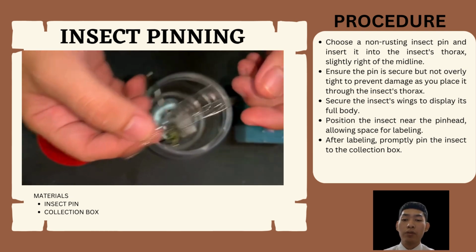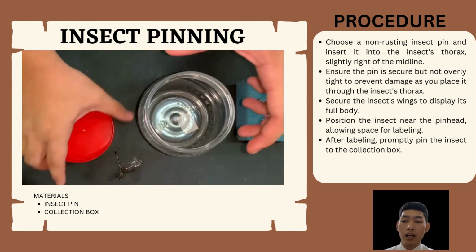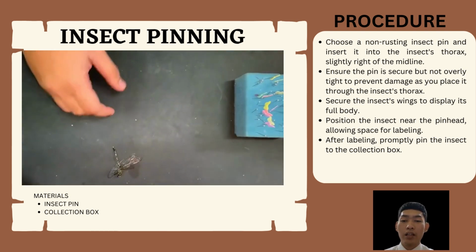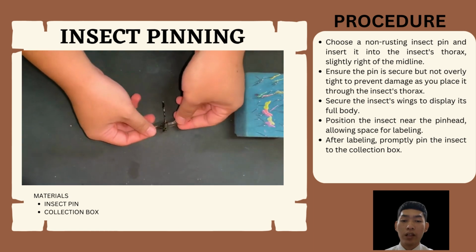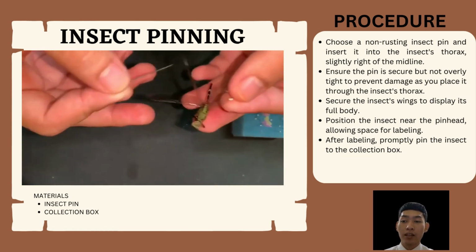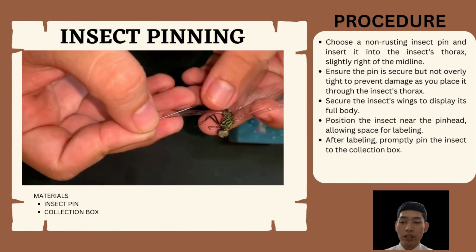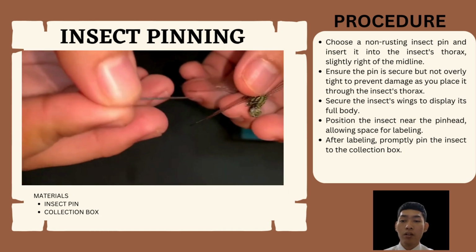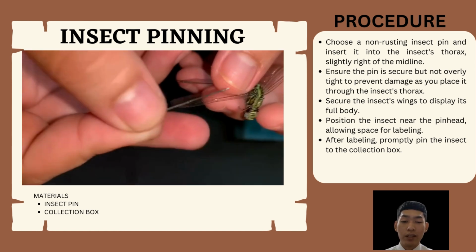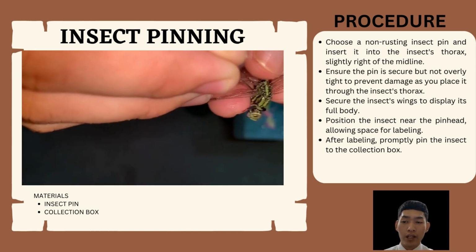The procedure for these activities is: first, choose a non-rusting insect pin and insert it into the insect's thorax, slightly right of the midline. The second one, ensure the pin is secure but not overly tight to prevent damage as you place it through the insect.